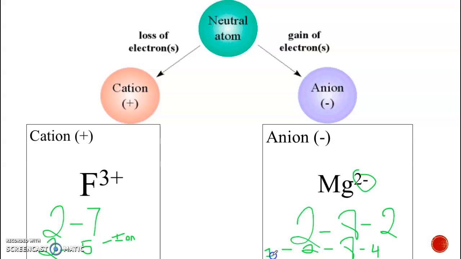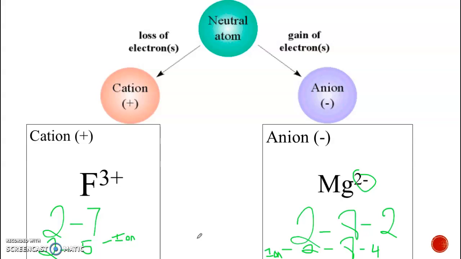As long as we see this 2 minus next to magnesium, or this 3 plus next to fluorine, we know that these electron configurations are for those ions. They've just lost or gained electrons.